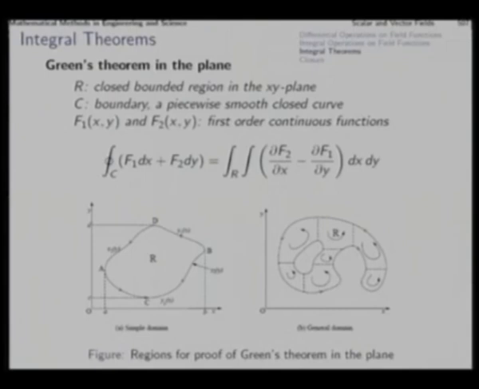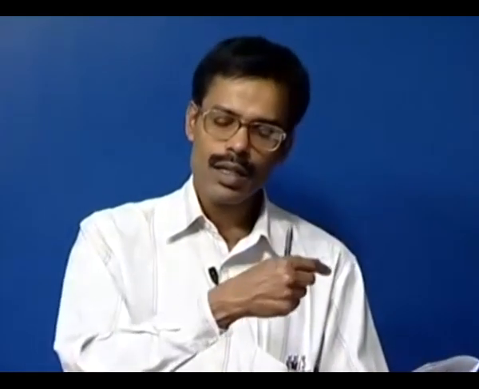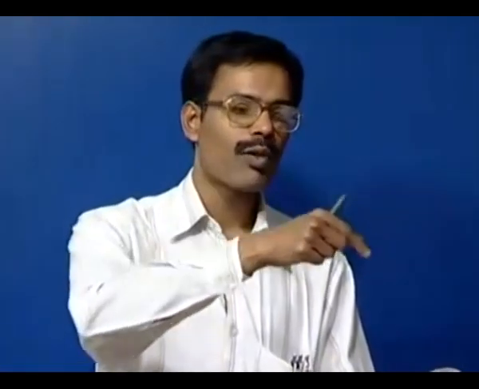Then Green's theorem in the plane states that the line integral of the vector function f having f1 and f2 as components turns out to be the same as the double integral of this quantity on the entire region R. Now, this gives you a relationship between the double integral over a region and a line integral along its boundary.